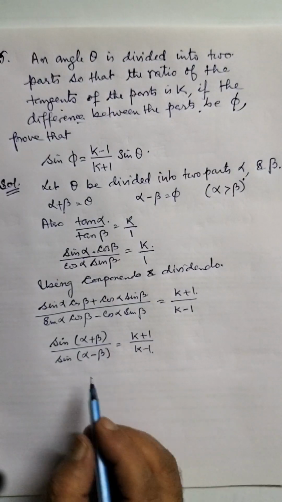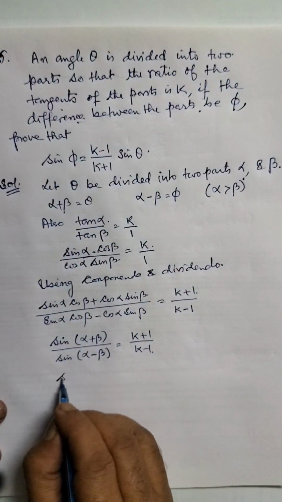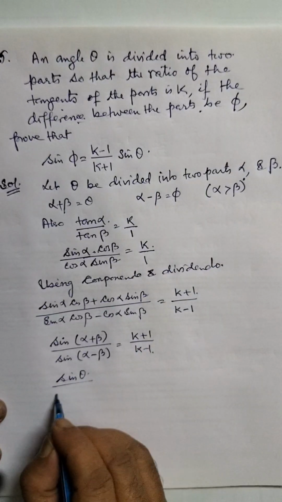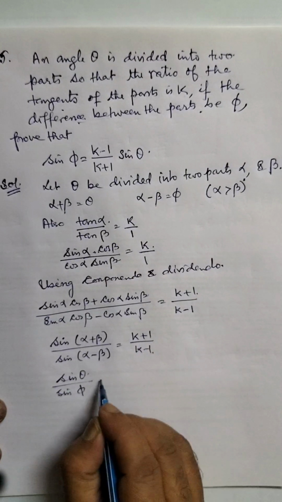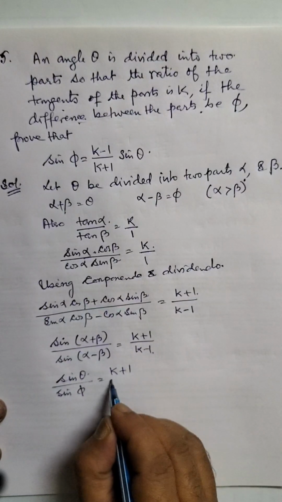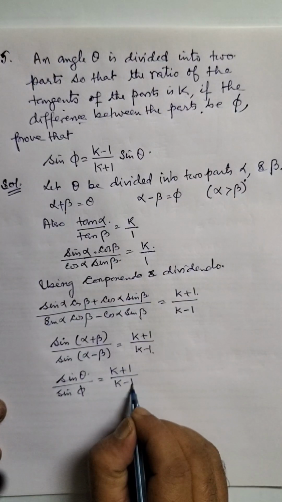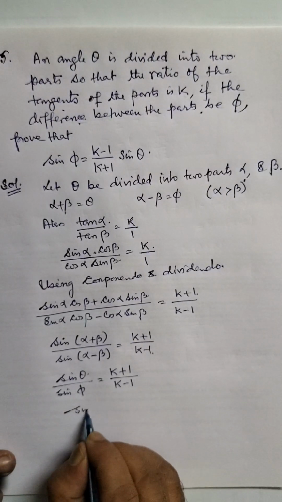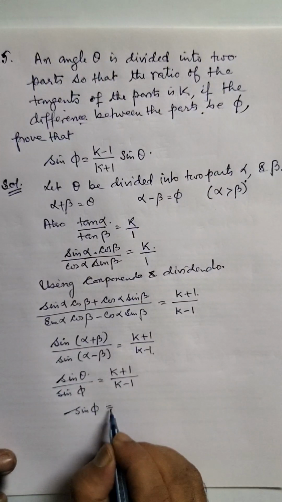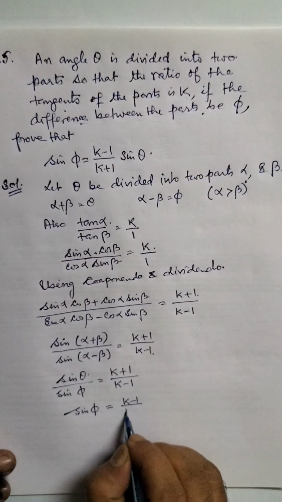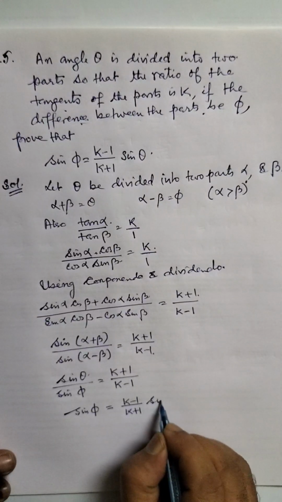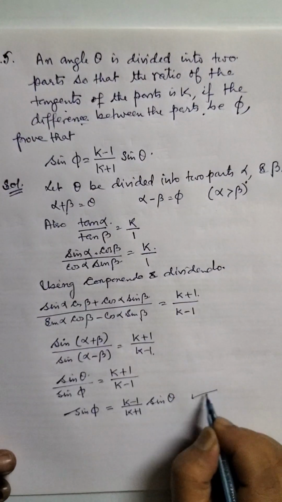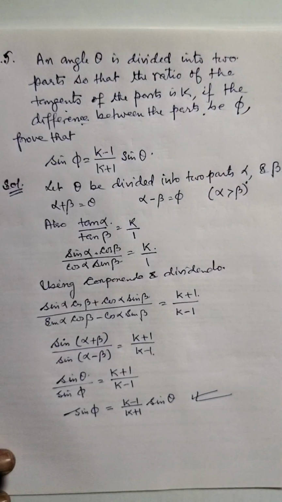Now as we know that alpha plus beta is nothing but theta, so this is sine theta, and this is sine of phi, which is k plus 1 on k minus 1. Rearranging, we get sine phi is k minus 1 on k plus 1 times sine theta. This is our answer. So this is an important question and you should know it.